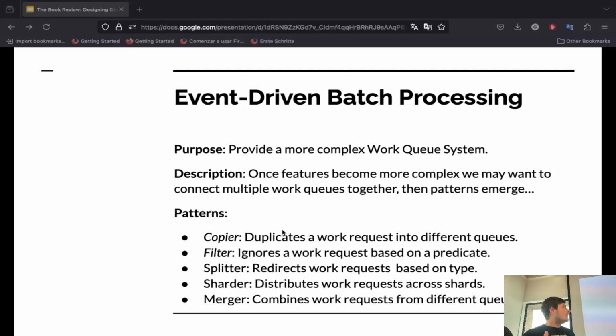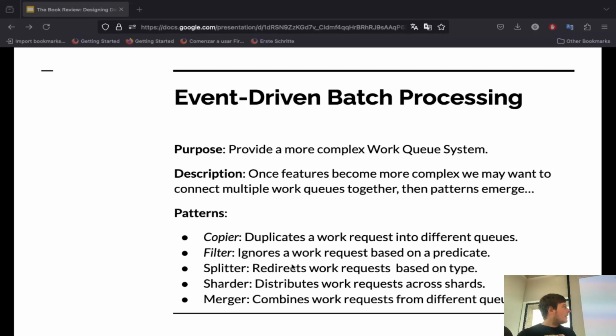For example, the copier would duplicate a work item but delegate them to different queues, or the filter will take the work item and ignore it.